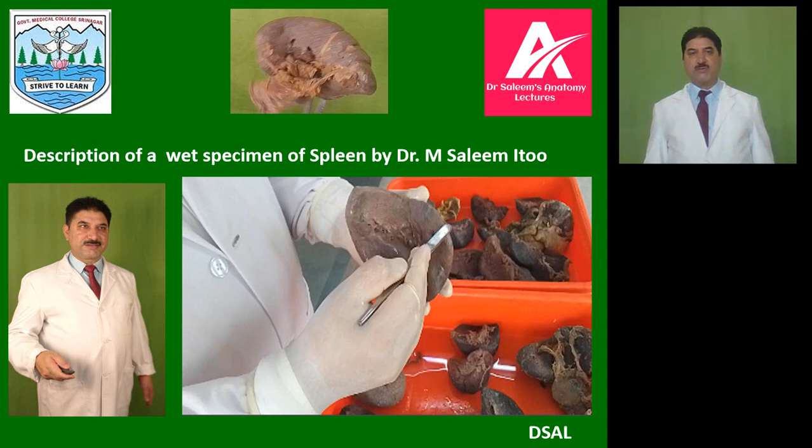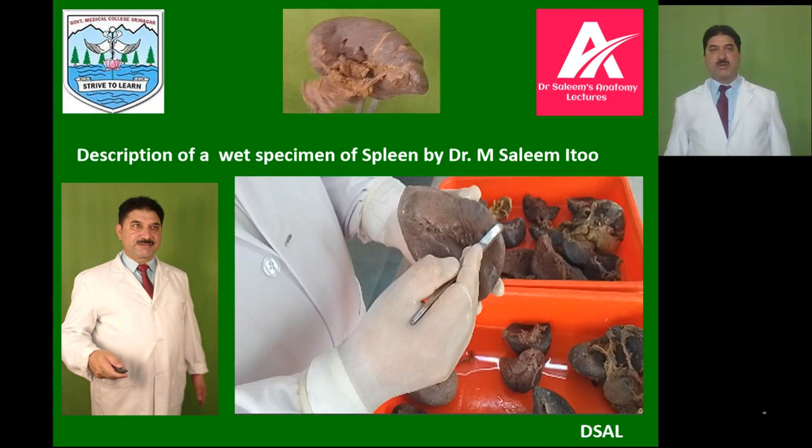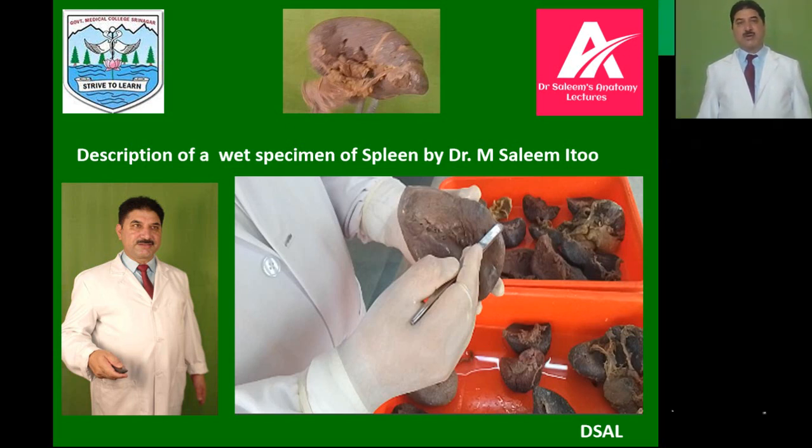Good morning. In this session, we are going to talk about a wet specimen of spleen. This session begins with a brief theoretical description of spleen, followed by a practical demonstration. For detailed description about anatomy of spleen, do visit my YouTube channel.